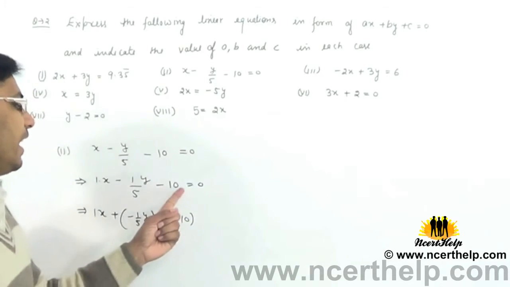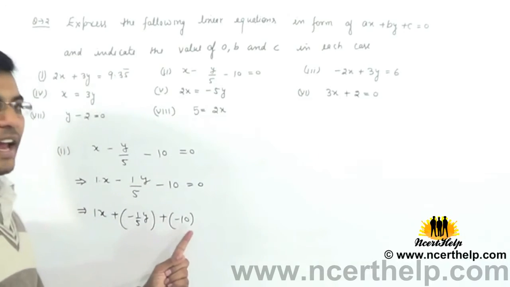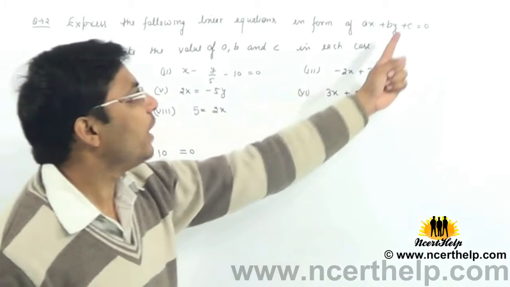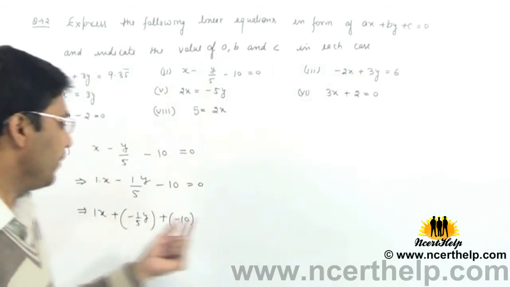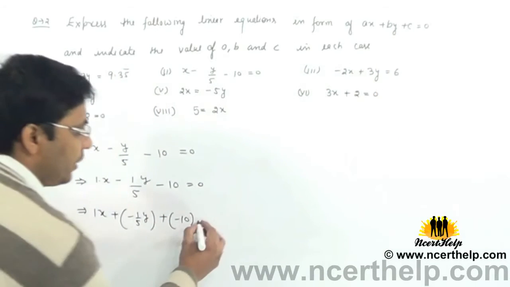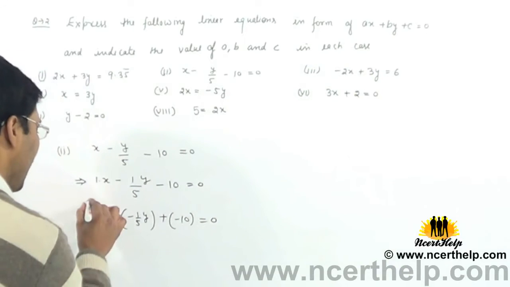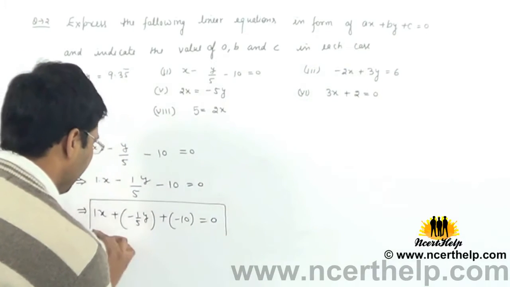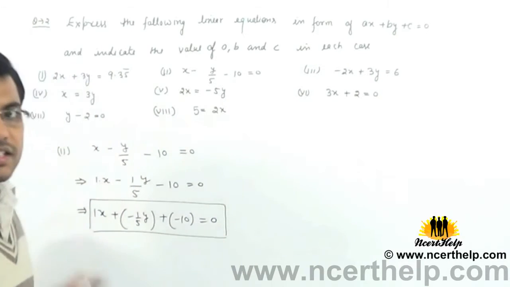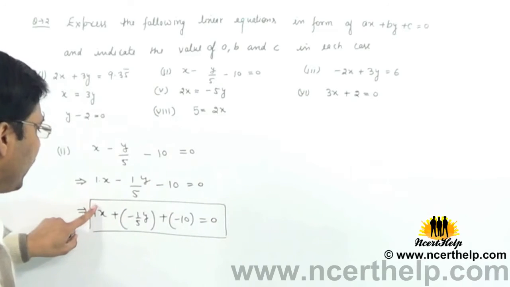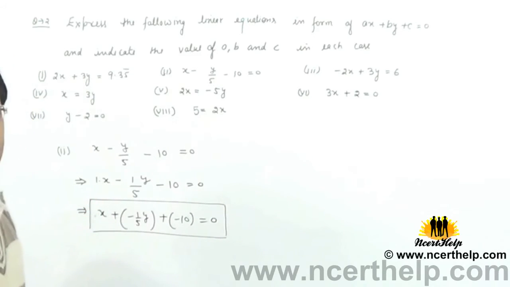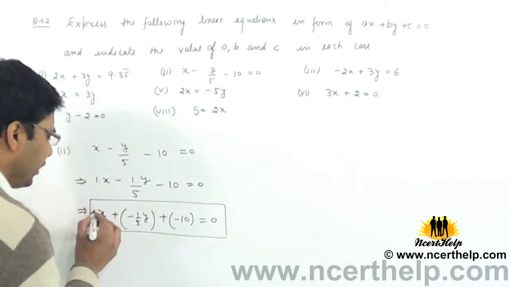So we can write negative 10 as positive negative 10, because we know that we need positive sign before the constant term, equals 0. So this is the answer of first part. There is no necessity to write 1 here, so you can remove this 1 also, or we can write it. There is no big deal.